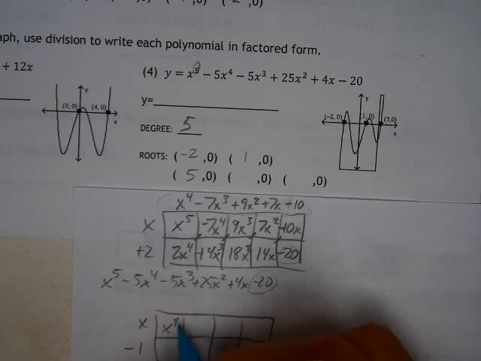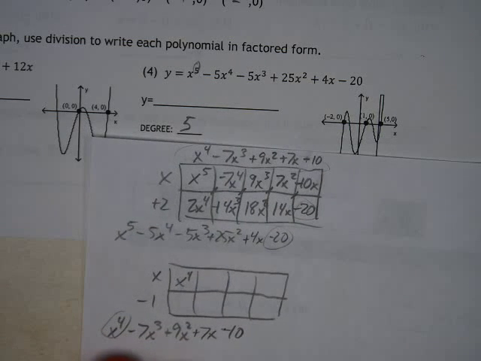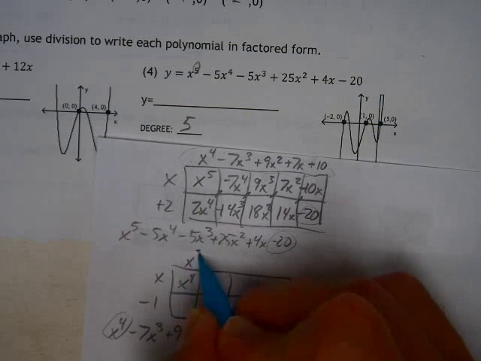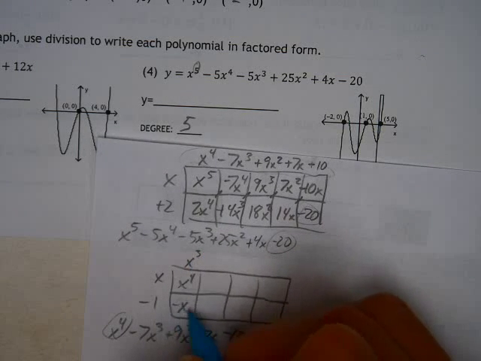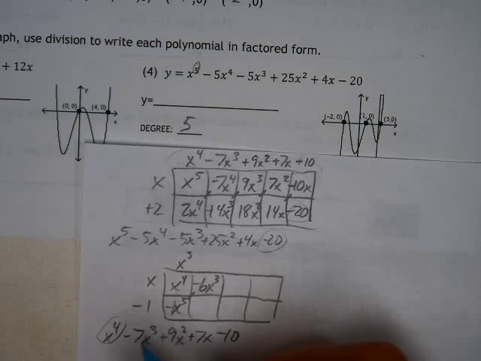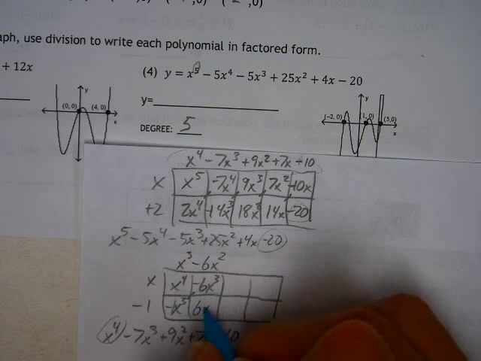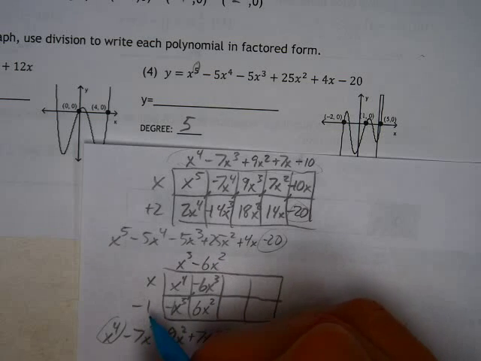Okay, here's x to the 4th, the first item there. That means this is x to the 3rd. This is a -x to the 3rd. Together these, -6x to the 3rd and -1 give me my -7. So minus 6x squared. This is a +6x squared because the negative times a negative.